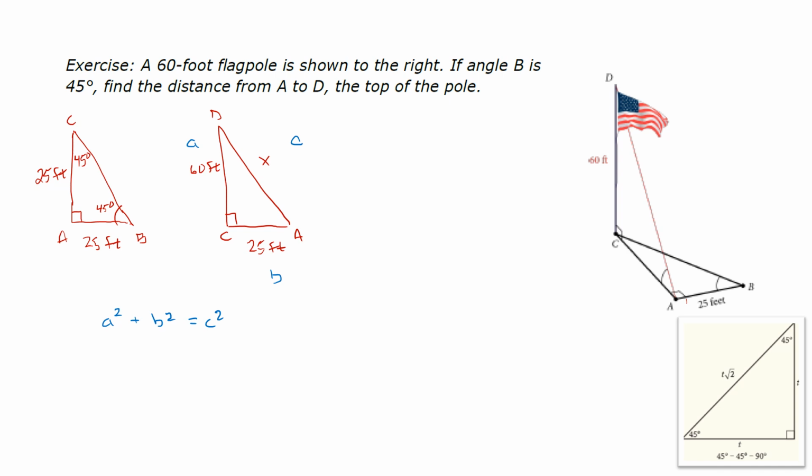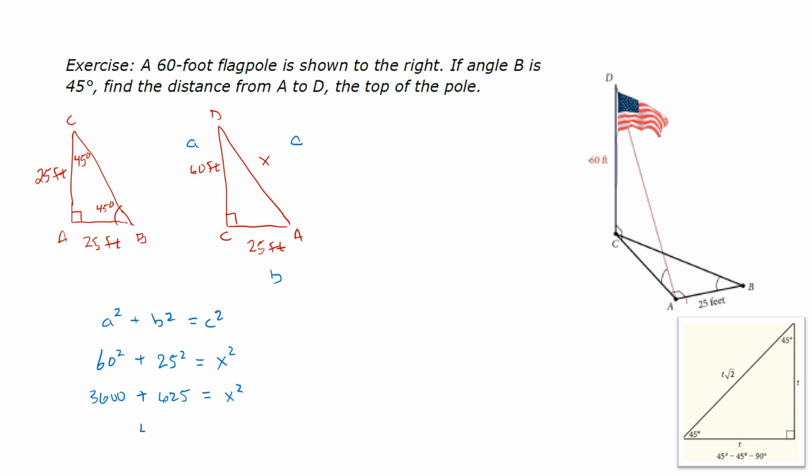I can then substitute my given values and find X. So A is 60, B is 25, and C is X. 60 squared is 3,600. 25 squared is 625.